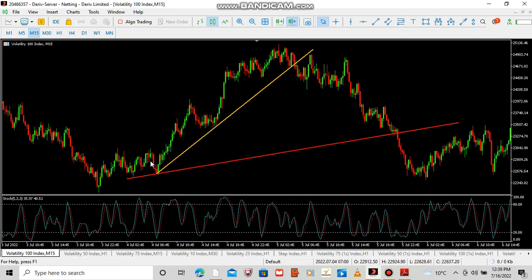So this is my footprint and this is my layer line. What we wait for is the break of this layer line, right guys? And then we look for divergence after this layer line breaks.